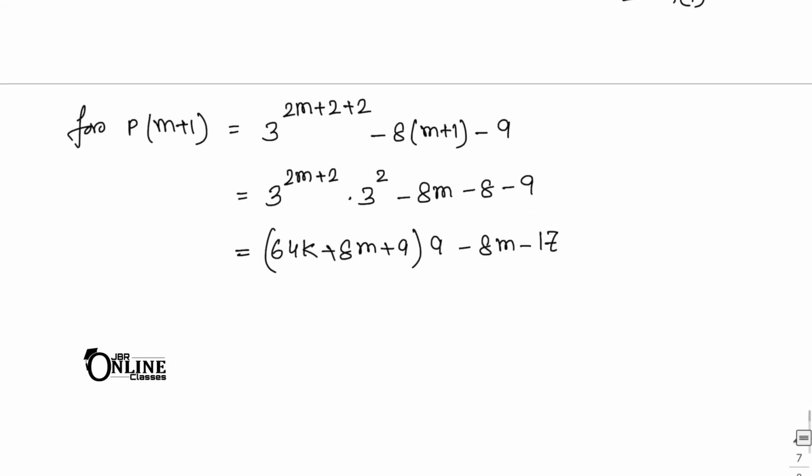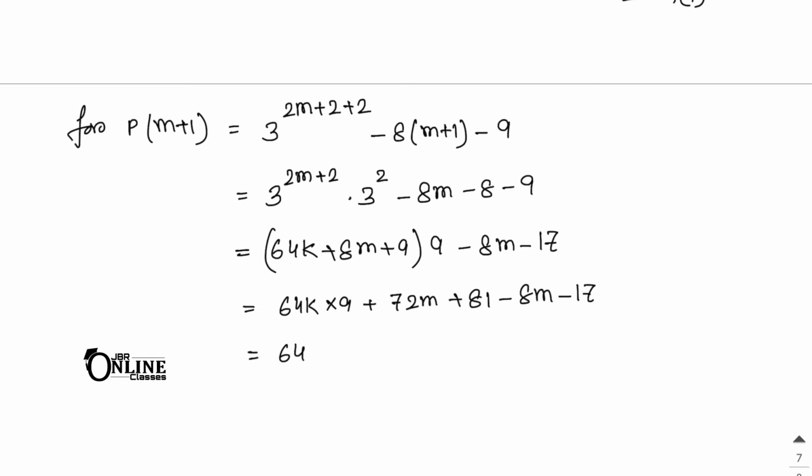It's very easy. So now you have 64k times 9, then 72m plus 81 minus 8m minus 17.